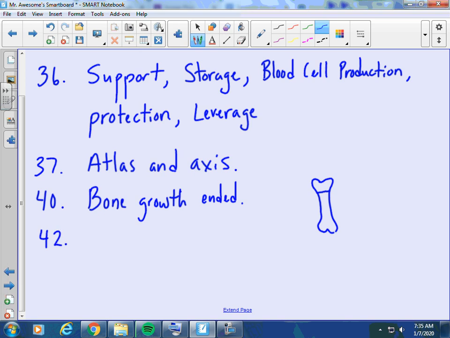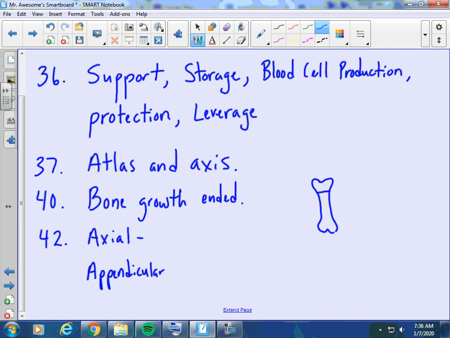For number 42, list and describe the 2 main divisions of the human skeleton. Basically, we have what's called the axial and the appendicular. The axial is really right down the middle of the body.